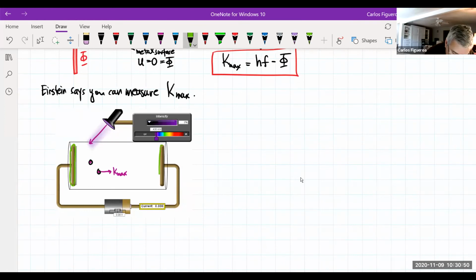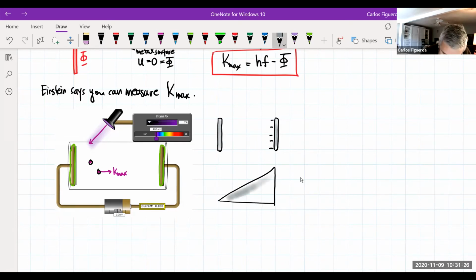Let me remind you real briefly that I have this metal plate and I have this metal plate. And when I'm looking at these metal plates, this plate here is going to be made negatively charged by the battery. And so when I model this thing, I'm modeling an inclined plane here.